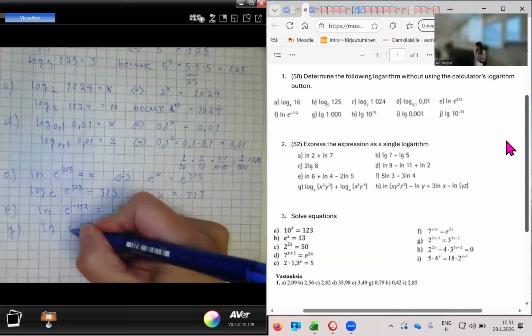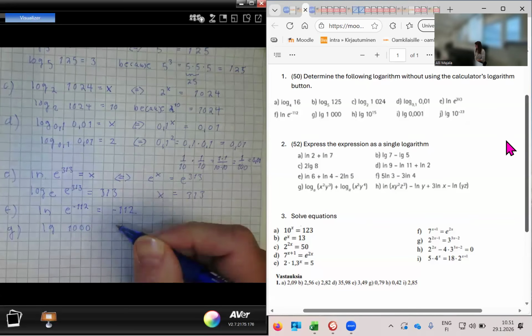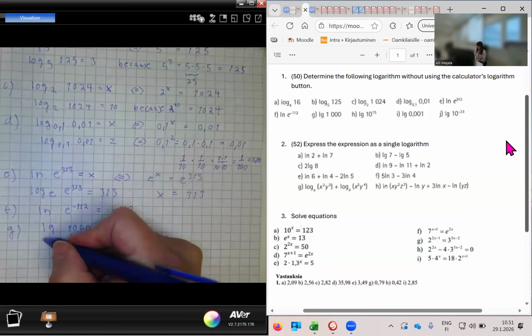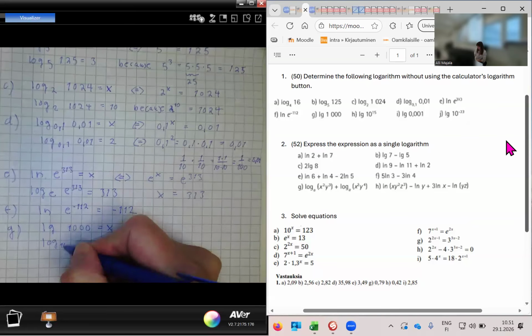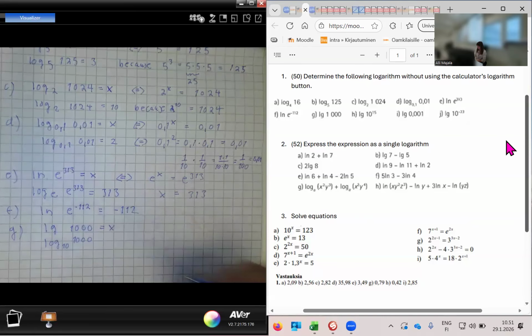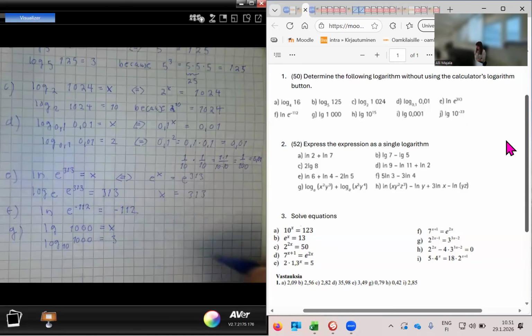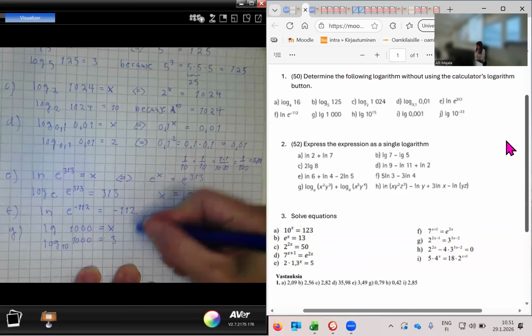And then LG. So LG is the 10 based. So this is obviously now 3. Maybe I can put it there.